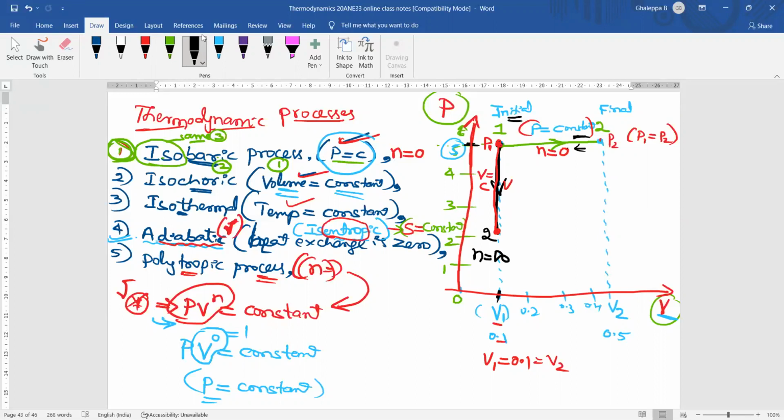So n is infinity for the isochoric process. Remember, my dear students, they may ask you in interviews, what is the polytropic index for a constant volume process? What is the polytropic index for isochoric process? Isochoric is constant volume, so n is equal to infinity. Okay, next.